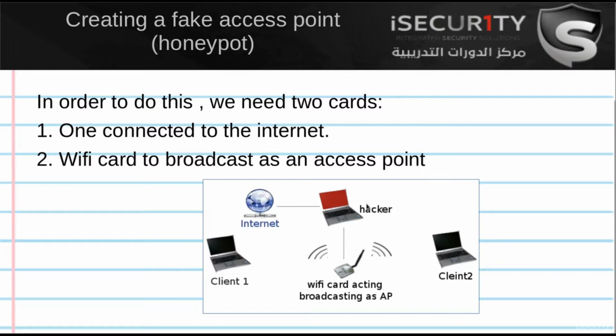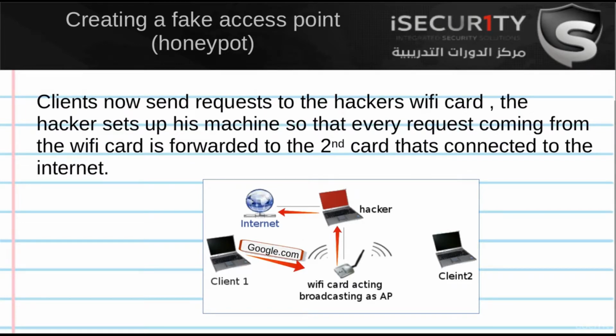So this is our hacker device. We're gonna need two cards connected to our device. One card that is connected to the internet, and the other card is gonna act as an access point. It's gonna broadcast to tell all the devices around it that I'm an access point and you can connect to me and access the internet. So how is this gonna work? Say for example, client number 1 wants to access google.com.